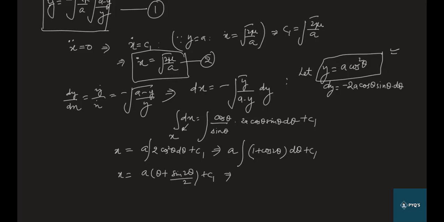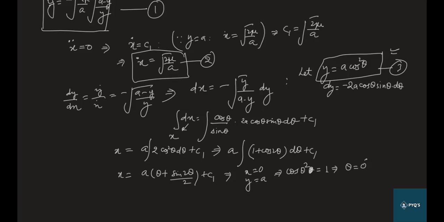Now again, if we put the condition, that is at x equals 0, y equals a. So from this third equation, you can see at y equals a, x equals 0, then cos square theta equals 1. It implies theta equals 0.